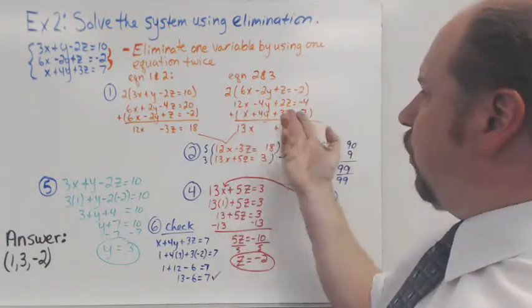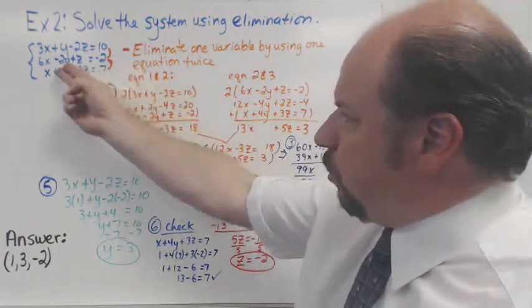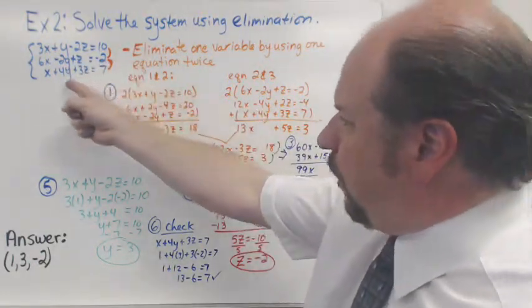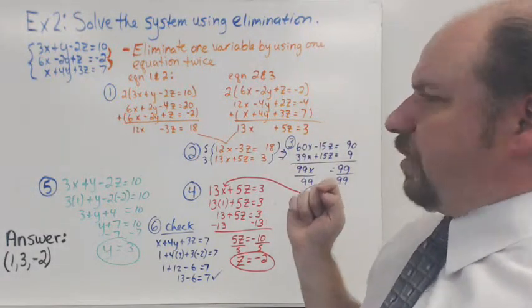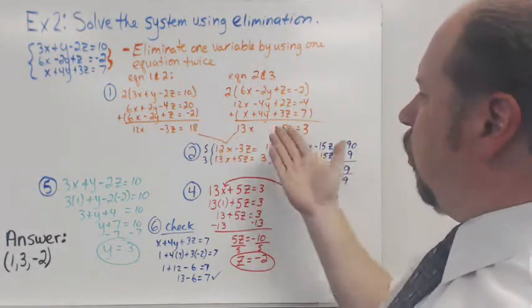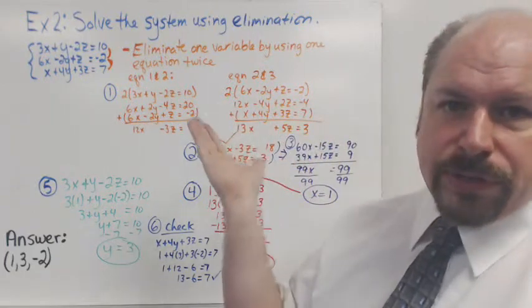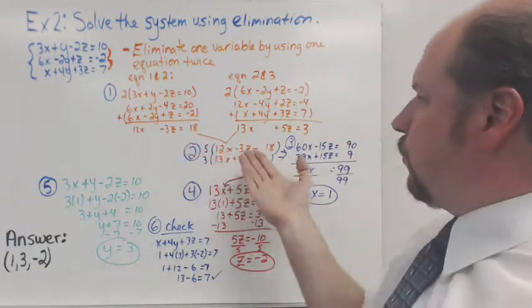So here is this equation multiplied by 2, and then I just brought down equation 3. So x plus 4y plus 3z equals 7, right below it. Again, they are opposite, so let's add the two equations once again.